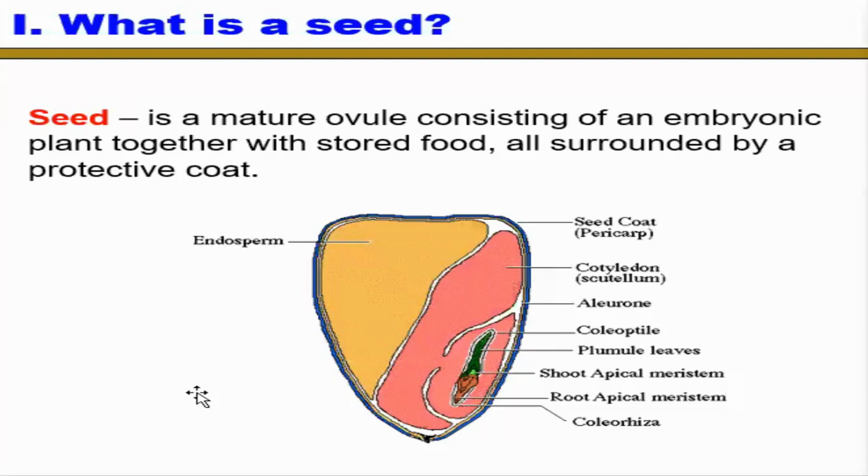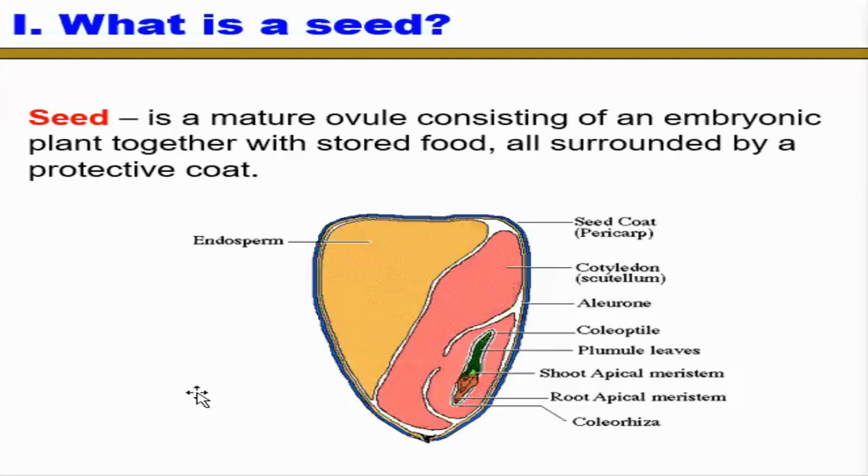Next, everything starts with the seeds. A good seed should have viability. Viability means it is viable or it has life, and it must be pure. No other seeds will be found in a good seed, and you cannot find any kind of weeds or whatsoever.